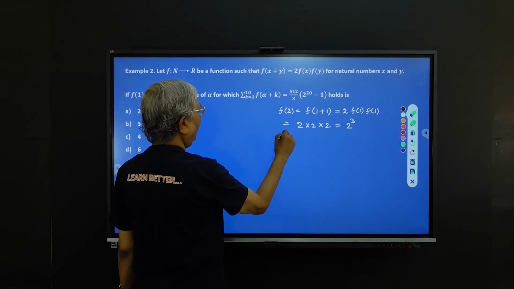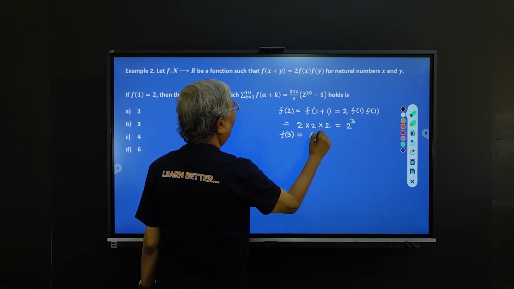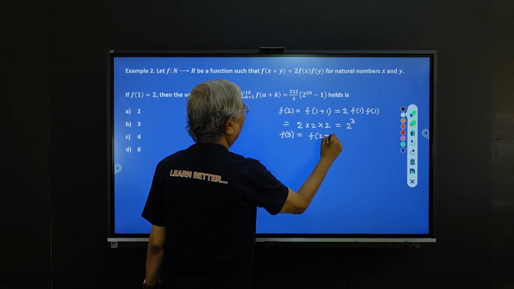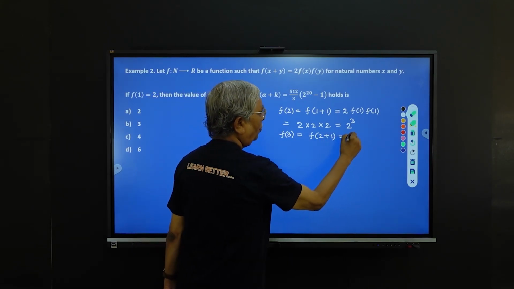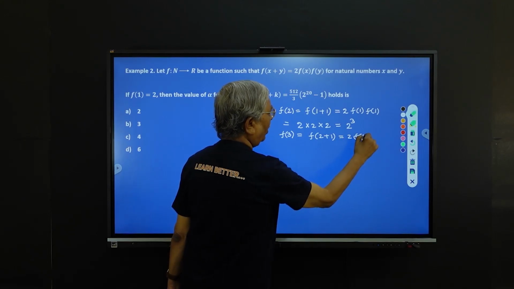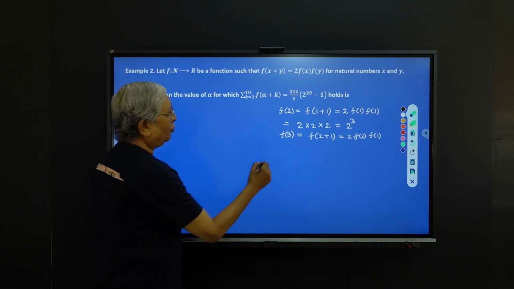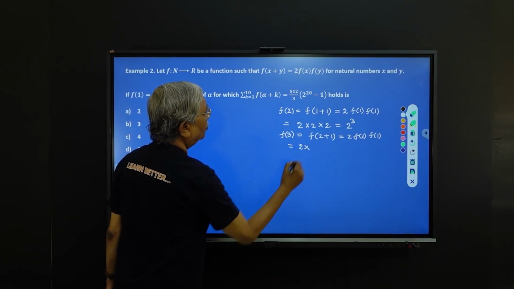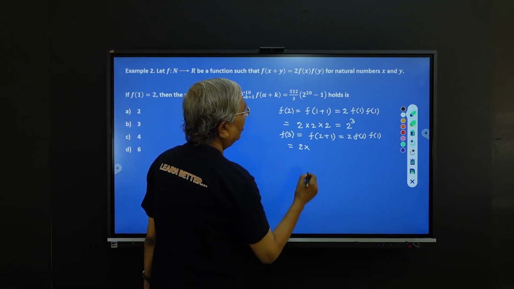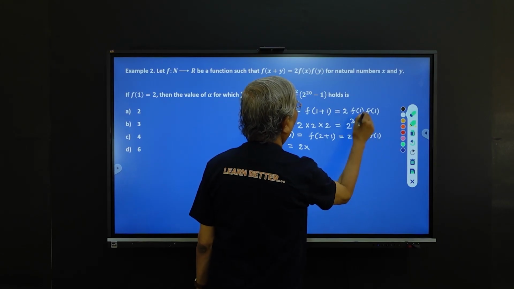What is f(3)? f(3) is equal to f of 2 plus 1. This is 2 into f(2) into f(1), and this is equal to 2 into, what is the value of f(2)?